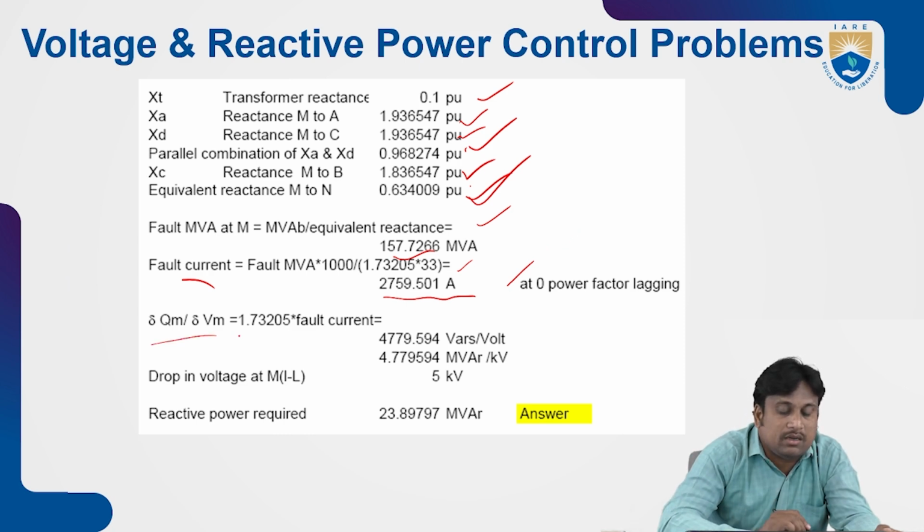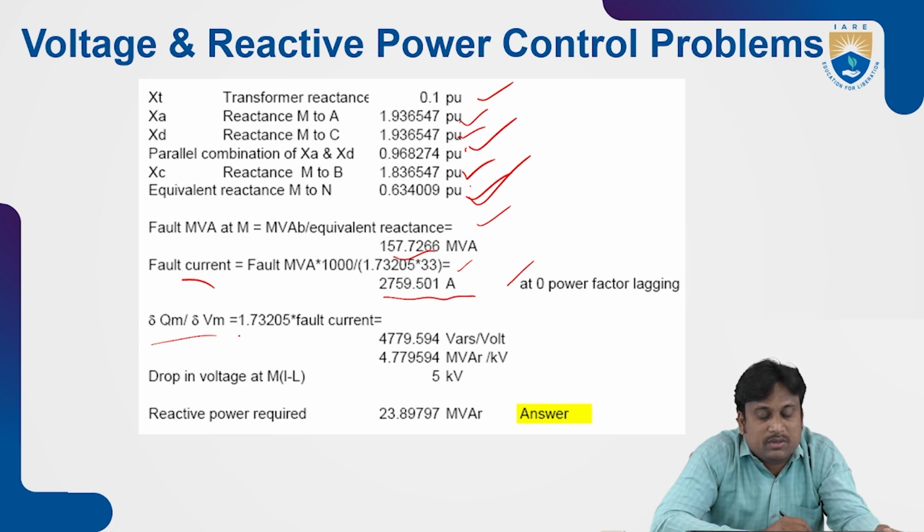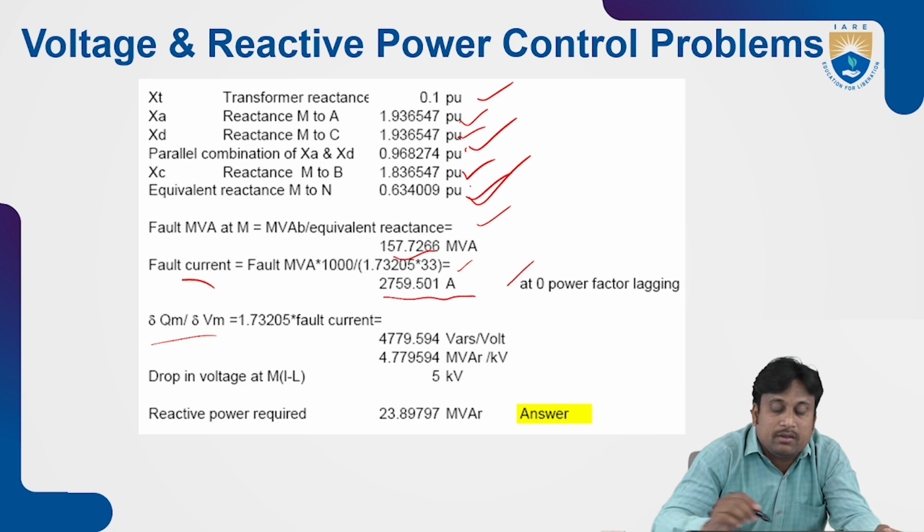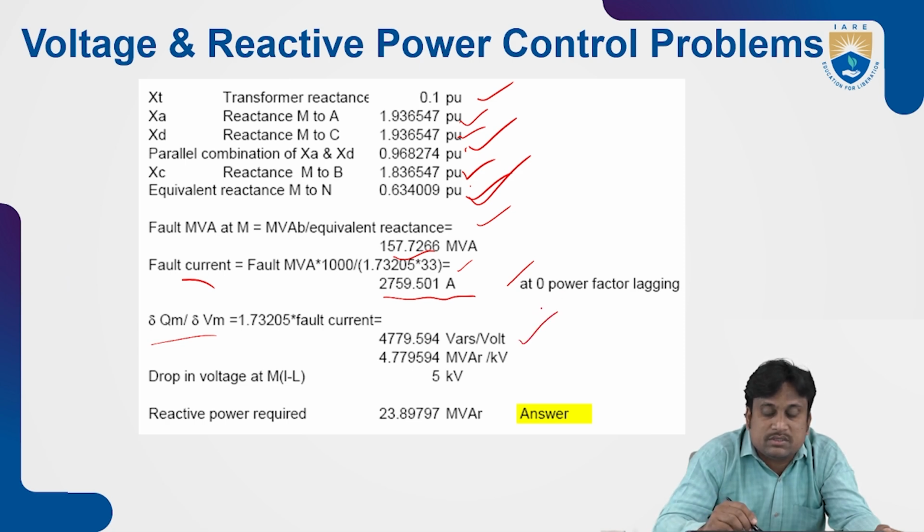So delta QM by delta VM is 1.73205 multiplied by the fault current, which gives 4779.594 reactive volt-amps per volt. In MVAR, this becomes 4.77 MVAR per kV.